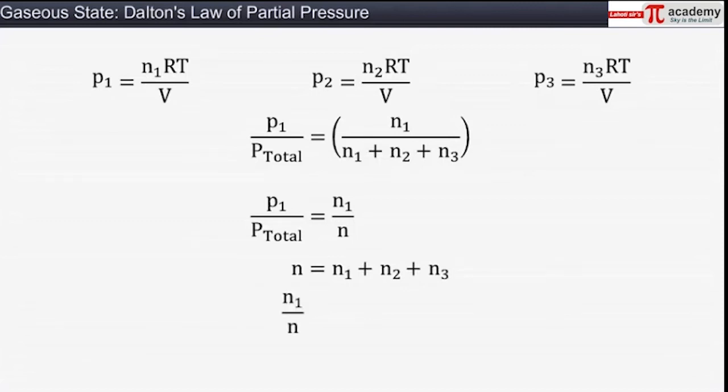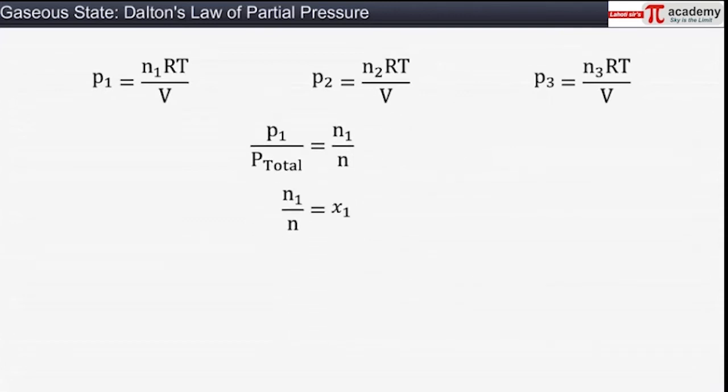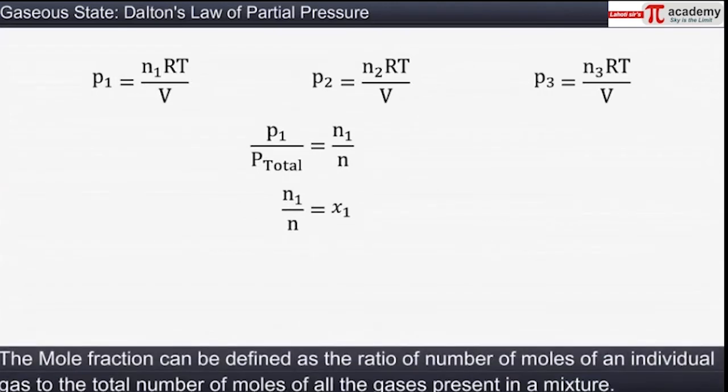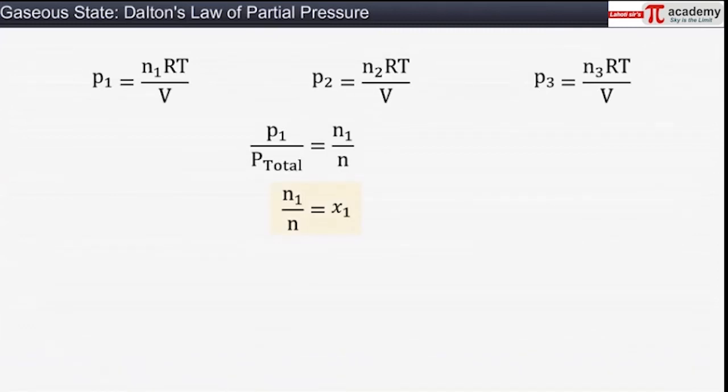We know that n1 by n is equal to X1, where X1 is mole fraction of gas 1. For a mixture of gases, the mole fraction can be defined as the ratio of number of moles of an individual gas to the total number of moles of all the gases present in a mixture. On substituting the values, we get P1 divided by P total is equal to X1. This equation can be written as P1 is equal to X1 multiplied by P total.